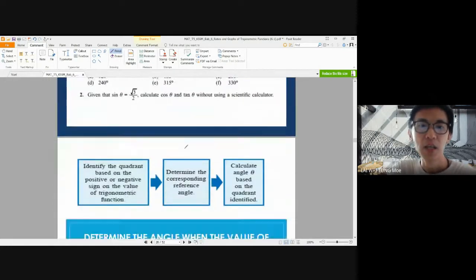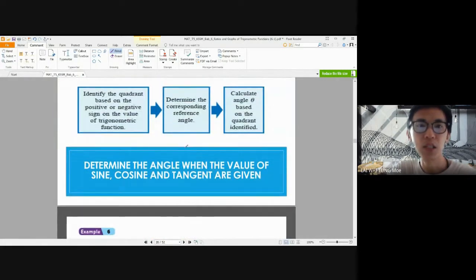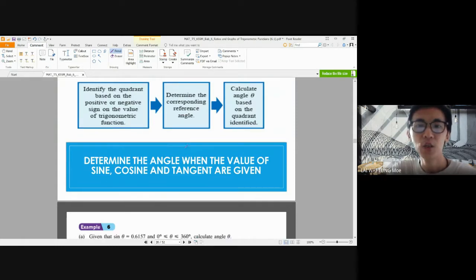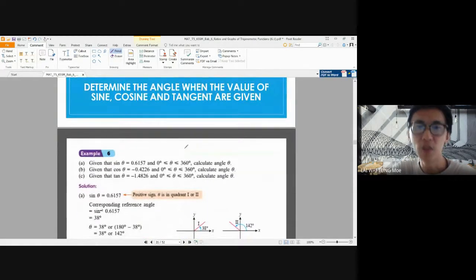Okay, we will go to another part, which is to identify or determine the angle. So in the previous question, we know how to find the alpha. We know how to find the relationship between the theta and the alpha.